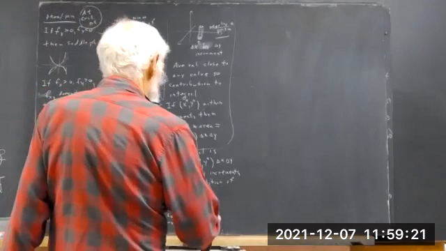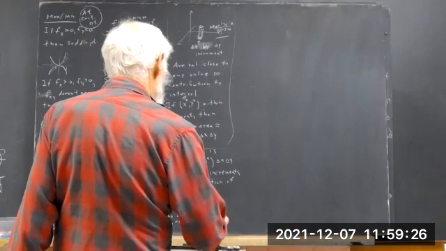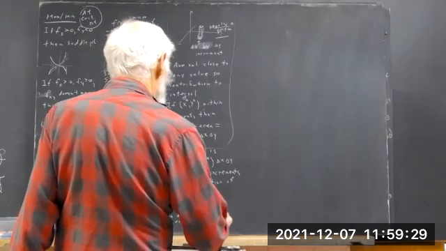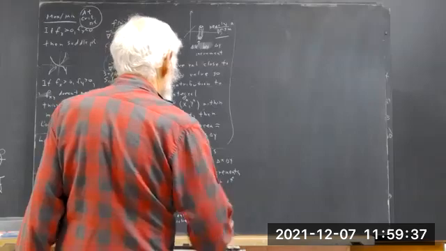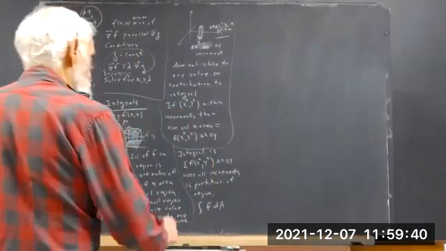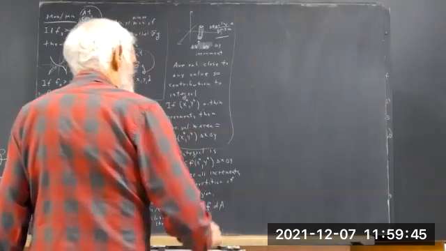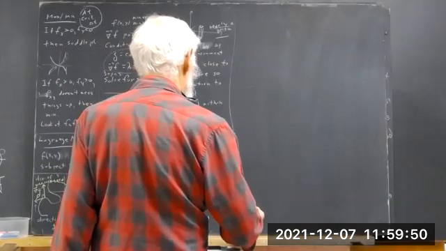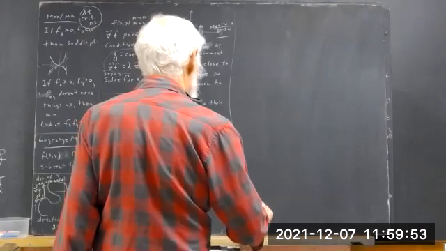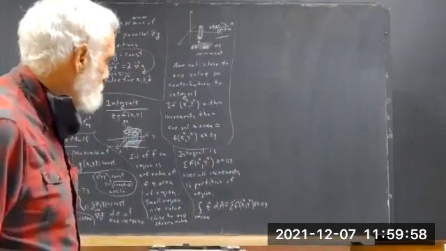So the integral of f with respect to area over the region is approximately equal to the sum of f of x star, y star, delta x, delta y.